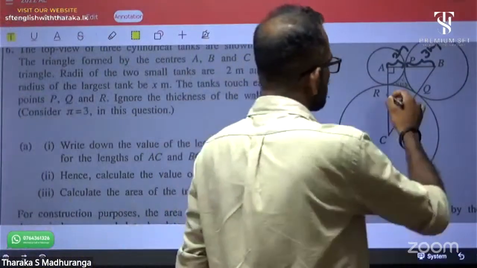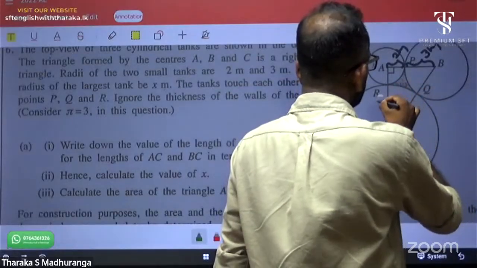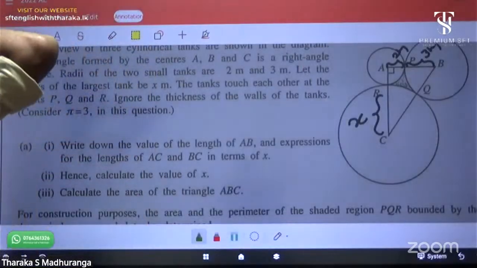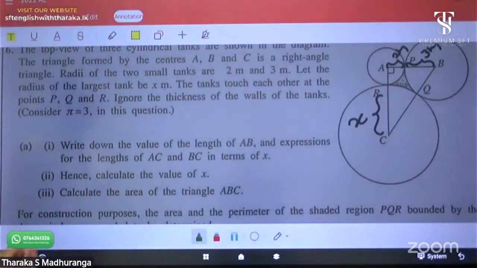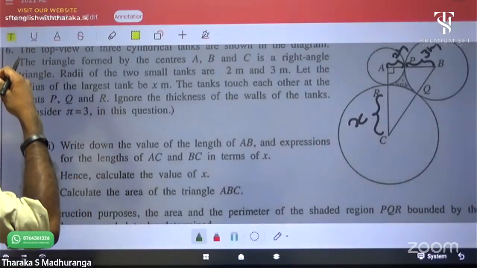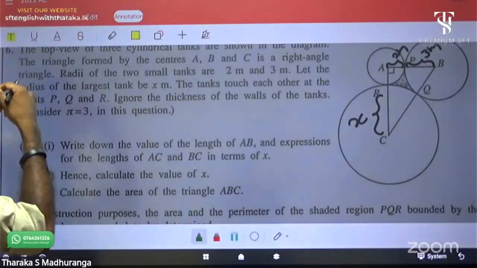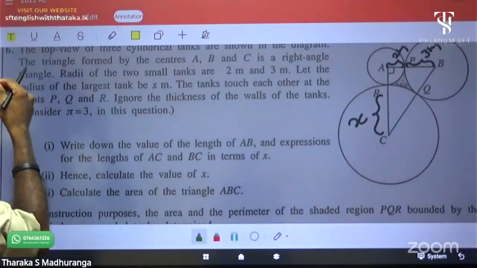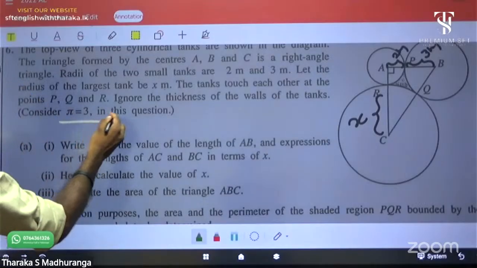The largest tank radius, that means CR, is x meter. The tanks touch each other at the points P, Q, and R. Ignore the thickness of the walls of the tanks. Consider pi equal to 3 for this question.